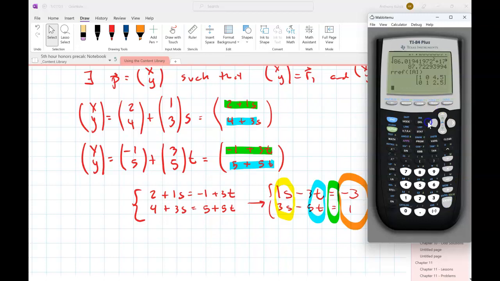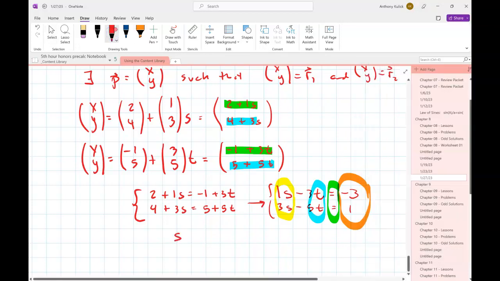Okay, so how do I interpret this? I have 1S plus 0t is equal to 4.5. So I have then that S is equal to 4.5.